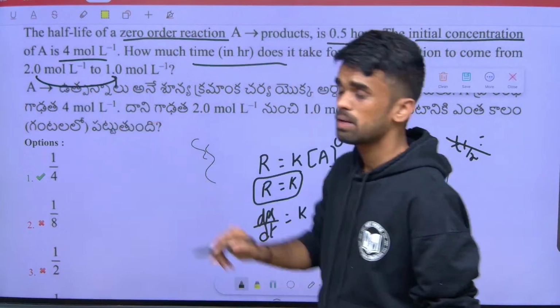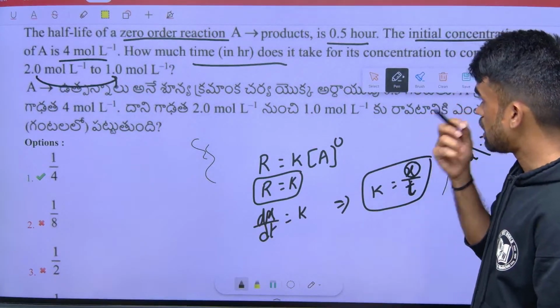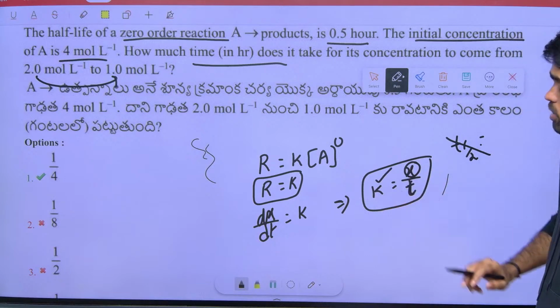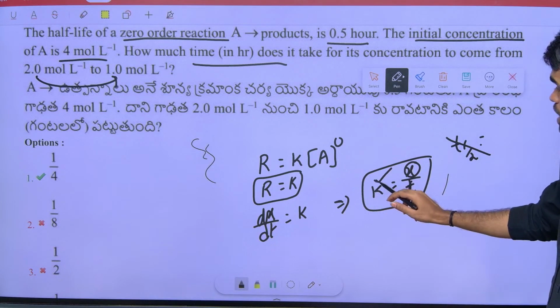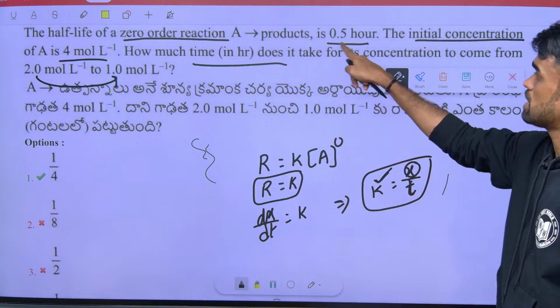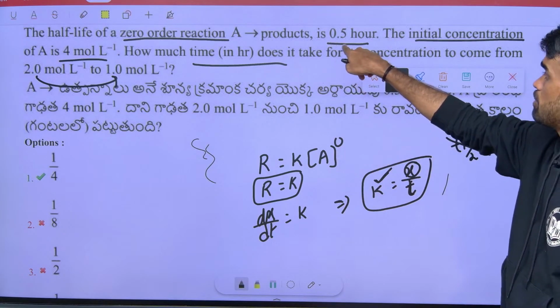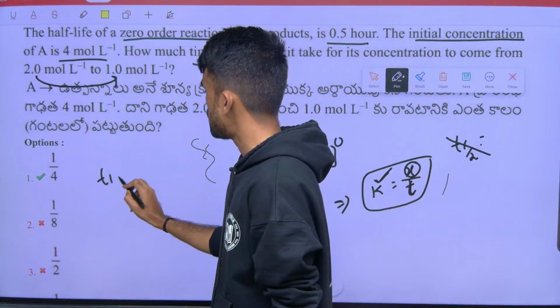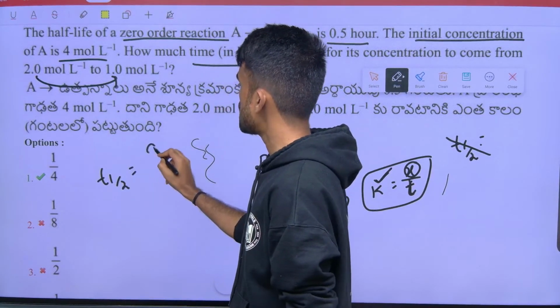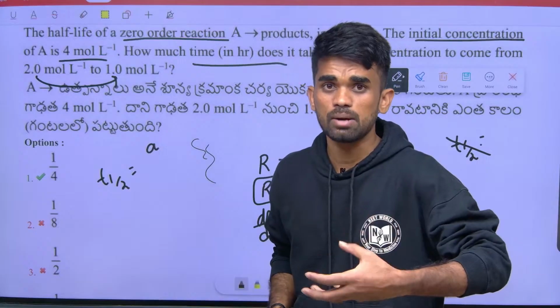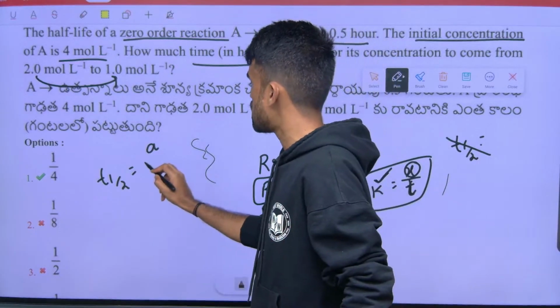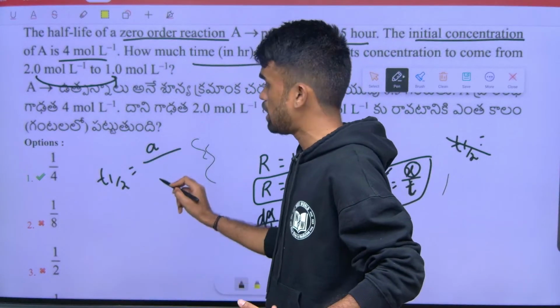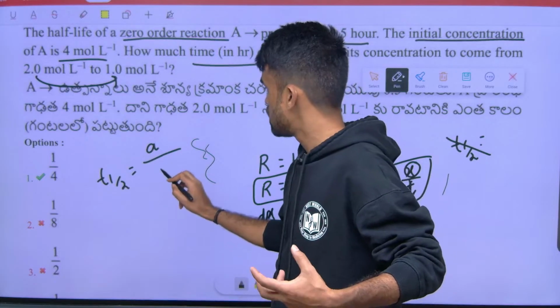In order to use this formula, we need to know the value of K. The value of K can be obtained from the first data they have mentioned. So I can say t half of a reaction can be written in terms of the initial concentration. See, 50% completion of the reaction means the initial concentration becomes A by 2.